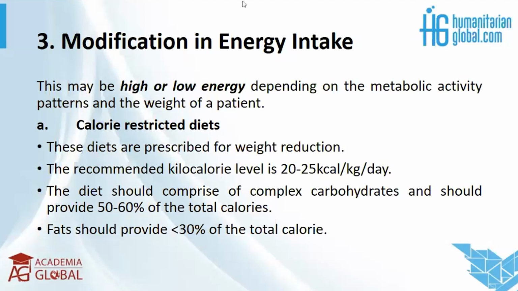But just to mention, there is a diet that can take care of both of these conditions, and it's called the DASH diet. DASH, D-A-S-H, meaning dietary approach to stop hypertension.